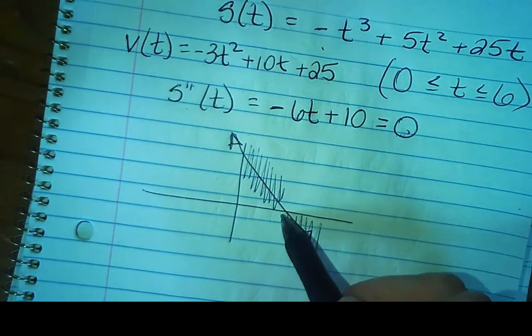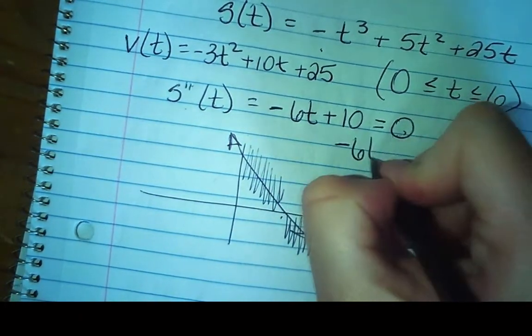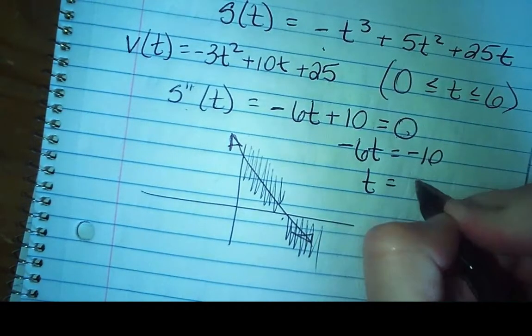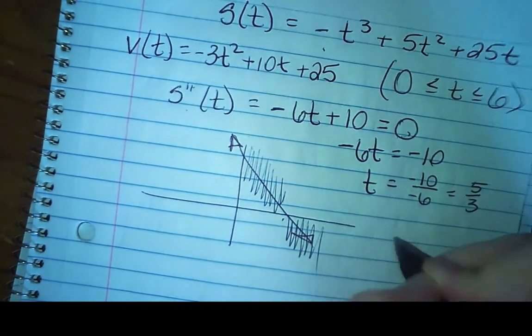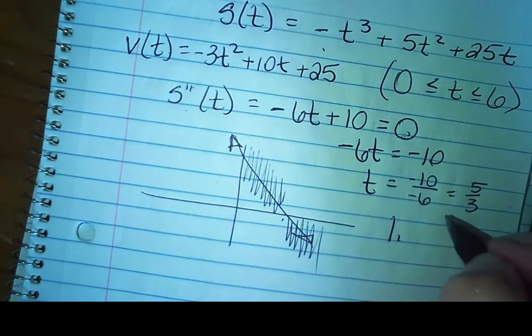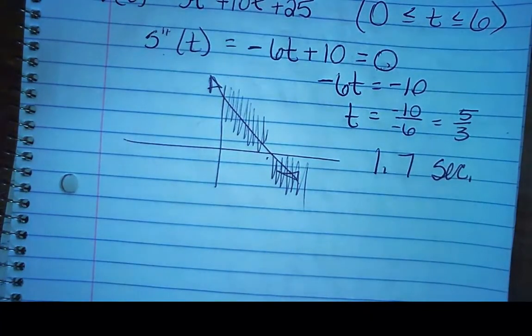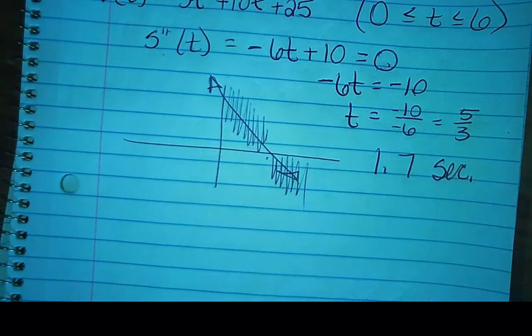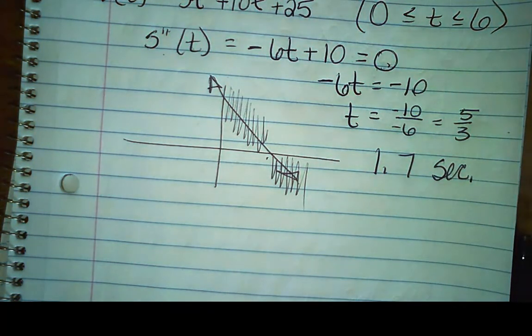So when does it hit 0? Subtract 10 from both sides, and then divide both sides by negative 6. So I get negative 10 over negative 6, which is the same thing as 5/3, which is 1.6 repeating, so about 1.7 seconds. At 1.7 seconds, the change in velocity will be negative. So that is what that means, and that is section 3.5.